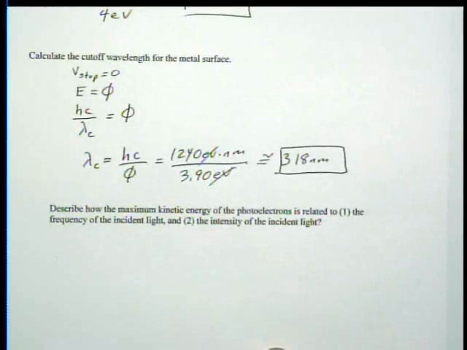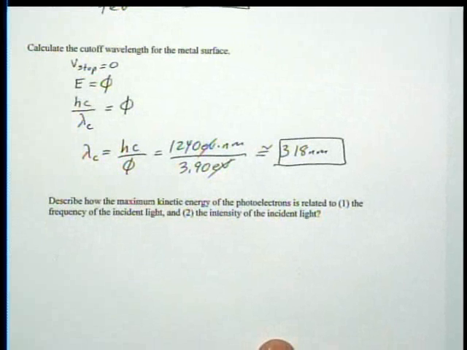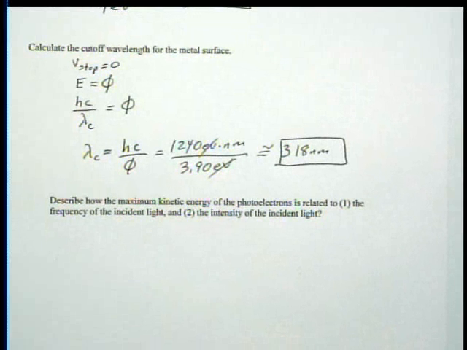Last question is a conceptual type question. Describe how the maximum kinetic energy of the photoelectrons is related to, 1, the frequency of the incident light, and 2, the intensity of the light. So let's try 2. How is the energy of the electrons related to the intensity of the light? It's not.